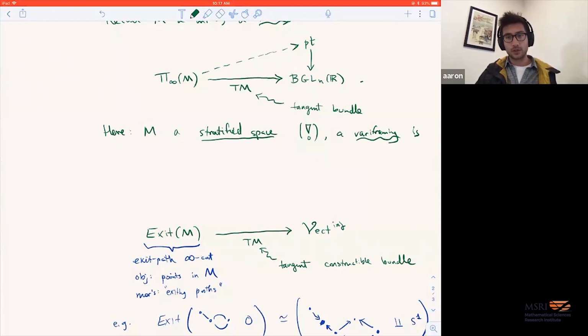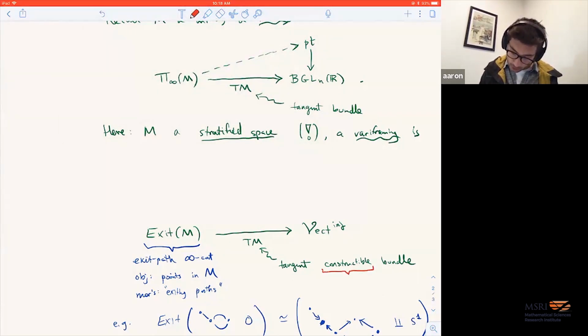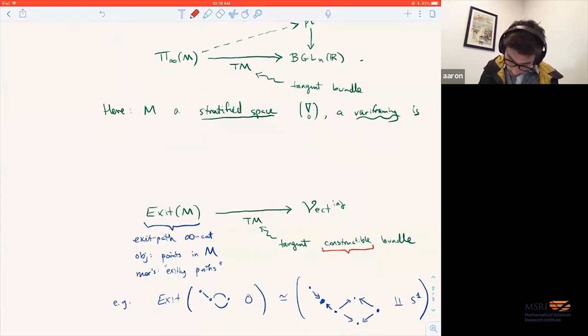That is the infinity category underlying the topological category of finite dimensional real vector spaces and injective linear maps between them. So what does constructible mean? Constructible means locally constant over each stratum.